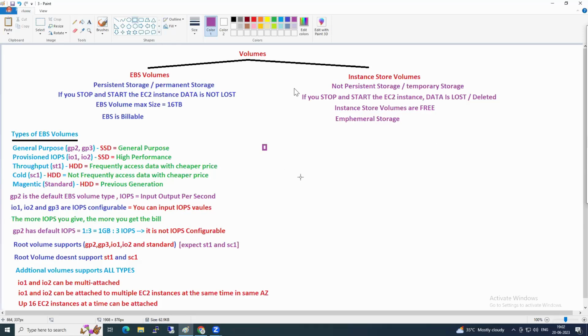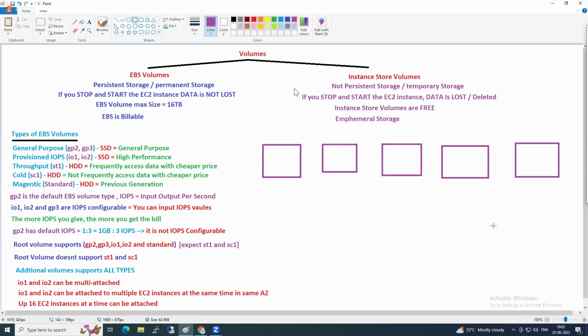Now, I went and launched these many EC2 instances. Every EC2 instance has its own volume, the root volume. What is the question I'm asking? If you terminate the EC2 instances, will your root volumes also be deleted by default?